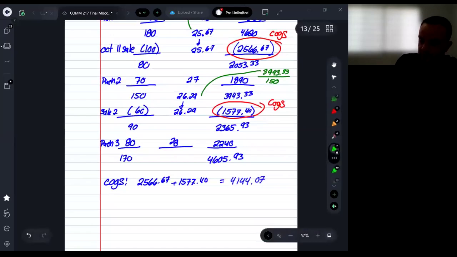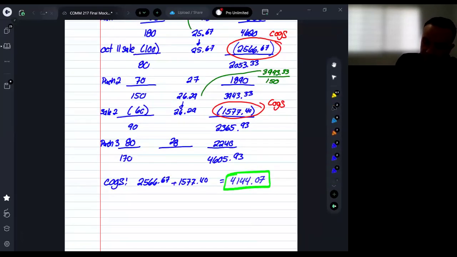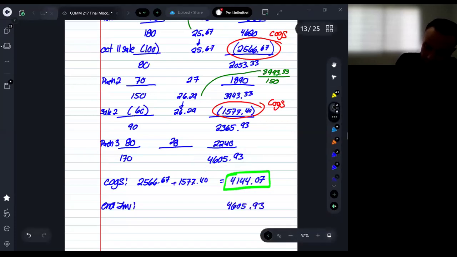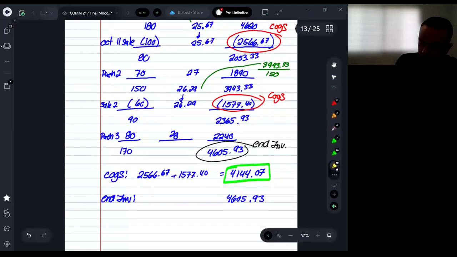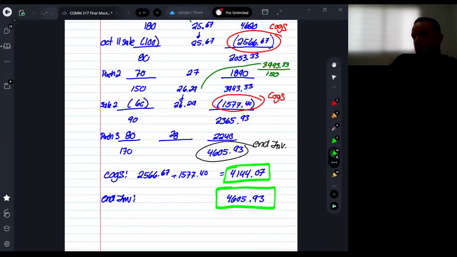That's the COGS. And what's the ending inventory? Finish it off, Brandon. 4605.93.